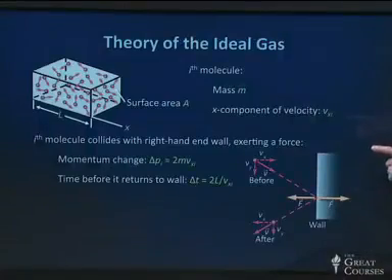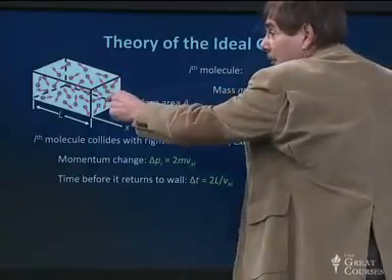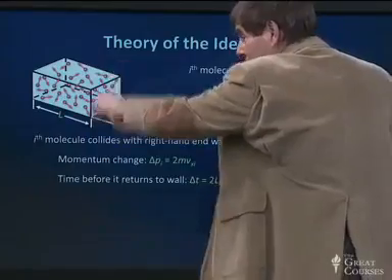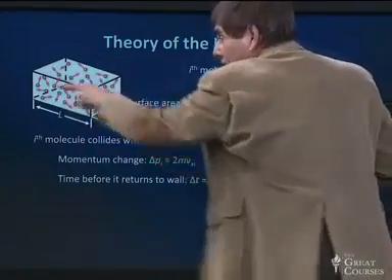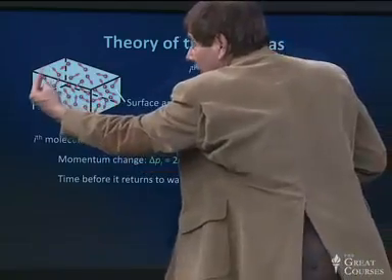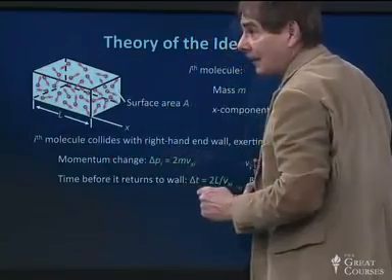Now, let's ask how long after that collision with the wall the molecule returns. I don't care what the molecule is doing, whether it's bouncing up and down like this or going straight back and forth in the x direction. As long as I know the x component of its velocity, that's what determines how long it takes to get from here back to there.